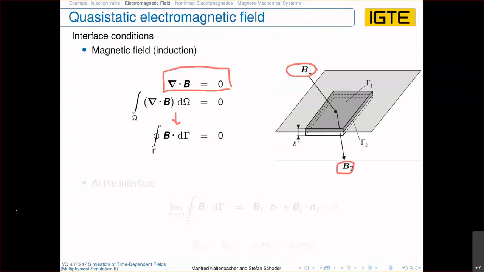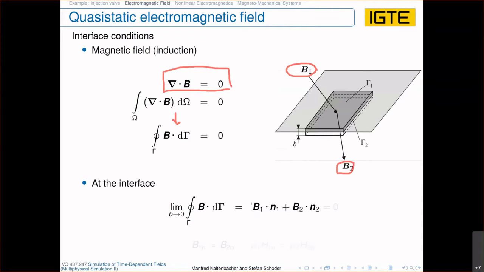Now we just cut out such a small box with a height equal to h, and we let h go to 0, which means evaluating it. When this box has a very, very small dimension, we can more or less say that B is constant, and the evaluation means in this sense that we just have the following.